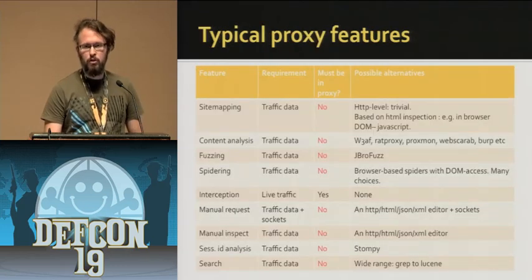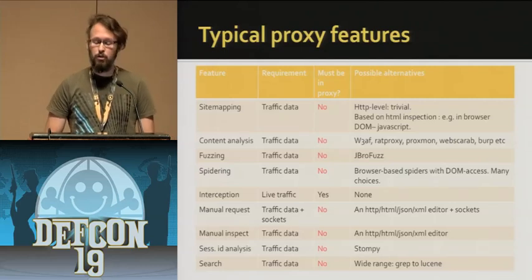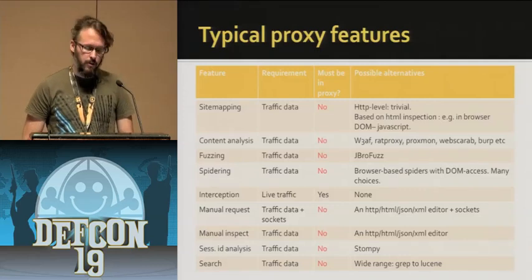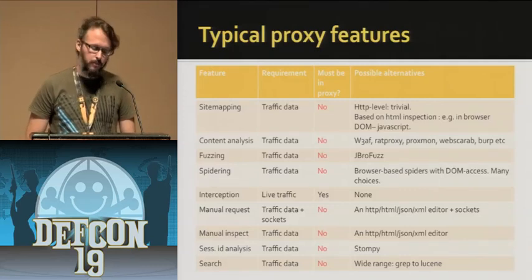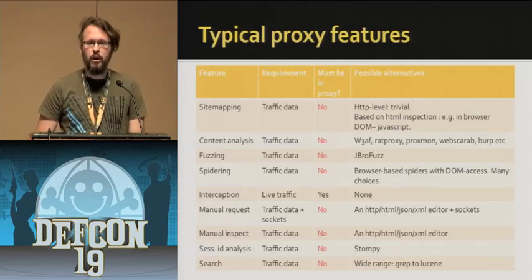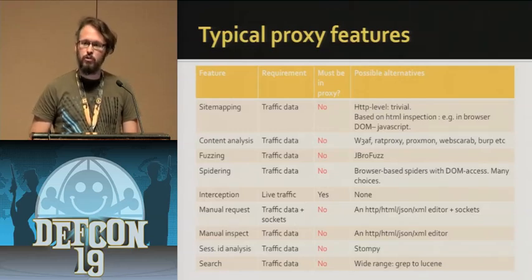So, a typical part of an intercepting proxy is obviously the intercepting part. But if you look at the proxies available today, they come with a bunch of different features, which we can see in this table here. What we've tried to identify is the different components present in these proxies and whether they actually have to be in the proxy or not.